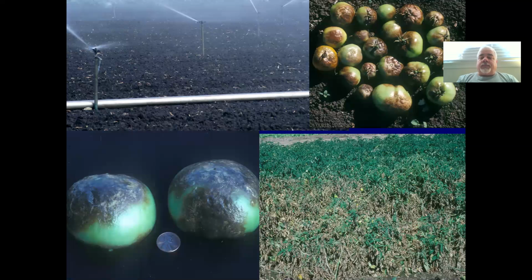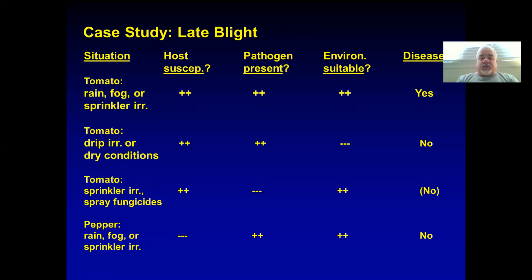So here's another one. This is some tomatoes. You can see the individual tomato plants look pretty bad, and the plants themselves look like somebody went through there with a flamethrower or something. This is called late blight of tomato, another fungal pathogen. And we'll go through the same exercise.